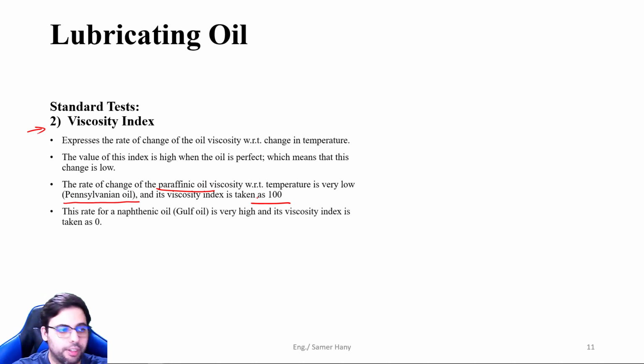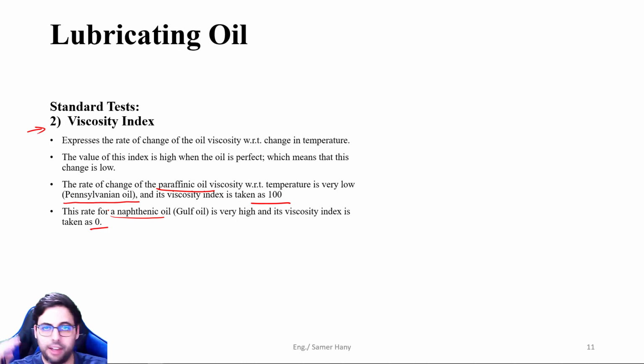Okay, and then we take another sample of oil that's the worst out there, a naphthenic oil, which is the Gulf oil, and this will change very much. The viscosity of this oil will change very much with changing temperature. So this will be the 0 reference for us, the worst out there.